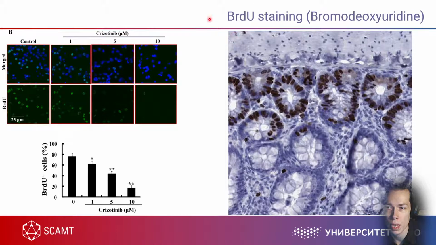Also, this BrdU staining can be used to stain something on histological slices. Since this drug is for lung cancer, I believe it's some lungs, probably alveolar sacs. And as you can see, you can stain with this drug some BrdU positive cells, so cells which undergo division and cells which do not undergo division.